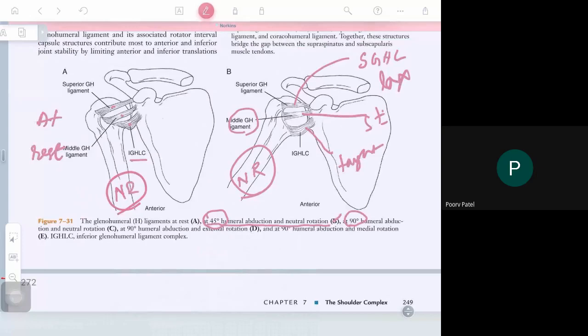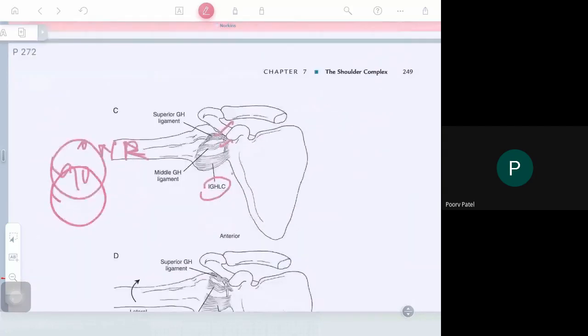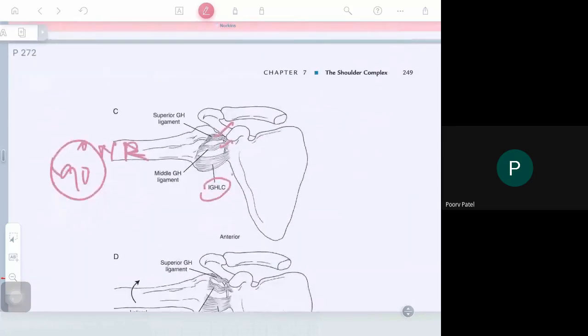What is neutral rotation? There is no internal or external rotation. The position of the arm is in neutral rotation. Here it is discussed at 0 degrees, here it is 45 degrees, and here it is 90 degrees. So in all positions, the humeral head is neutrally rotated.